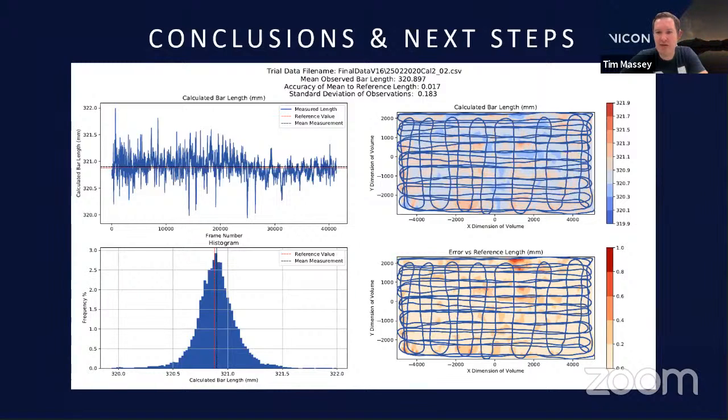So question, what are the methods to increase the accuracy of a Vicon system? It's a very big question, because what we've spoken about already is there's a lot of variables involved, and it would probably justify a full other session in itself.